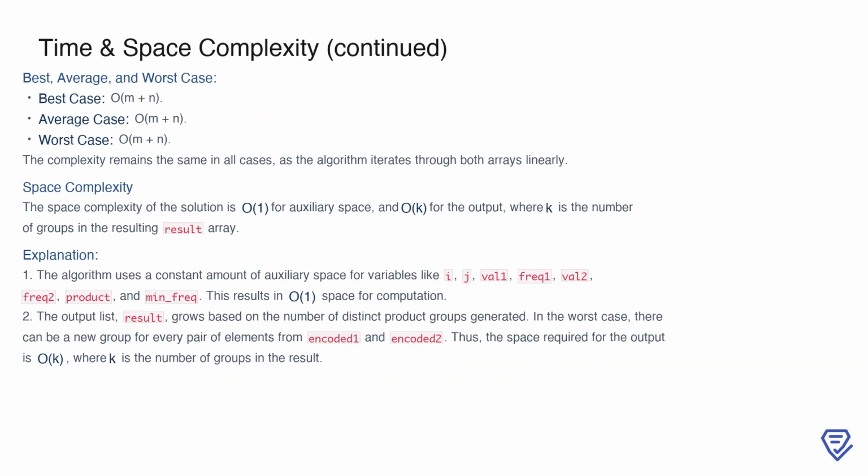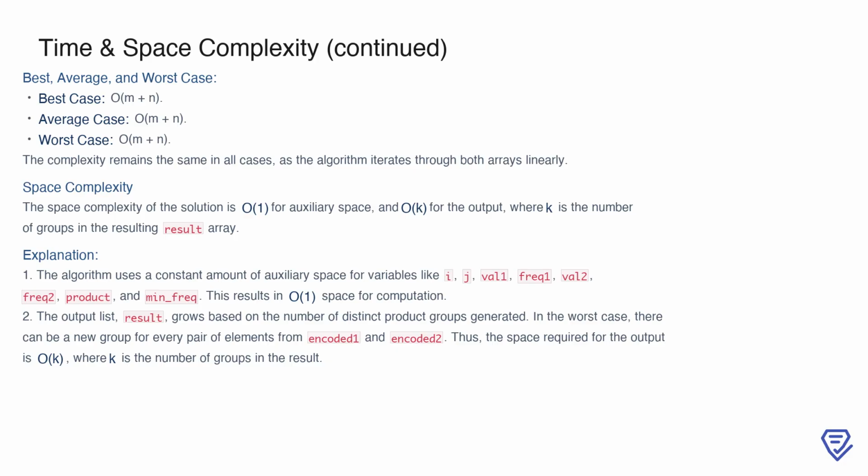The time complexity of O(m + n) applies to all cases: best, average, and worst. This is because the algorithm always iterates through both arrays linearly, processing each element exactly once. Now, looking at space complexity, the auxiliary space usage is constant, or O(1). Variables like i, j, val1, frequency1, val2, and frequency2 occupy a fixed amount of memory.